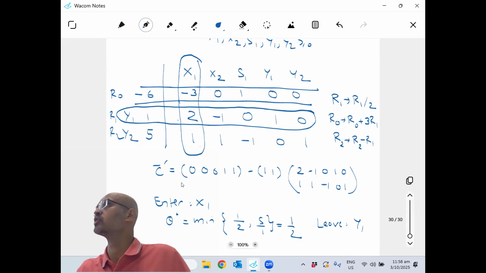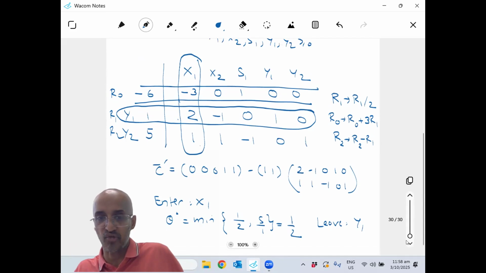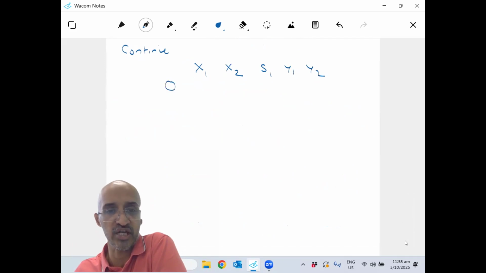Okay, so you continue. You solve this to optimality. Trust me, you can try this on your own. You keep doing this and you will come to this final tableau. And this you can check on your own.